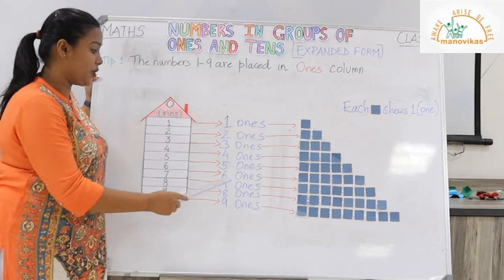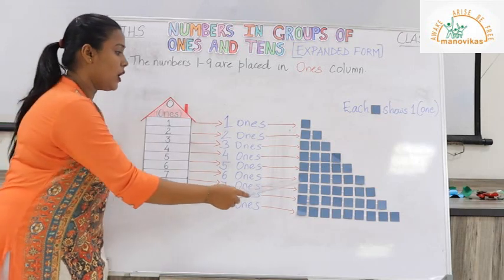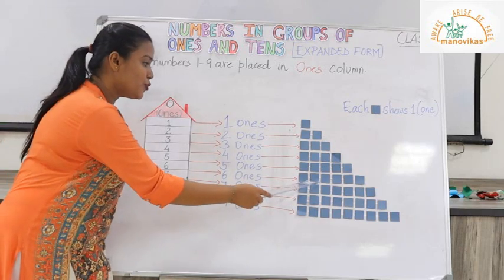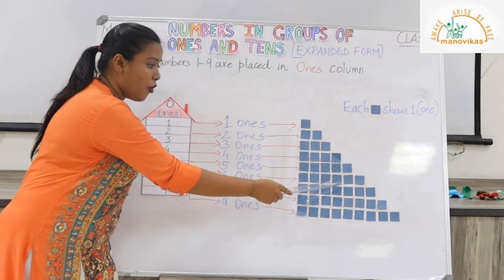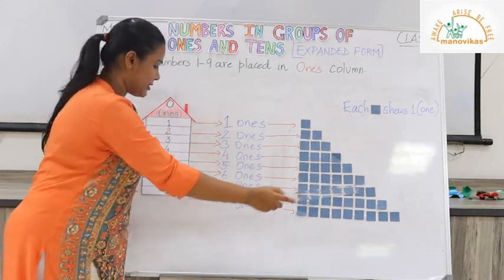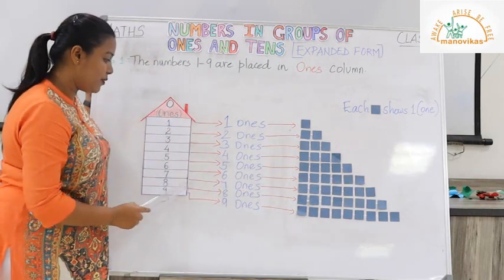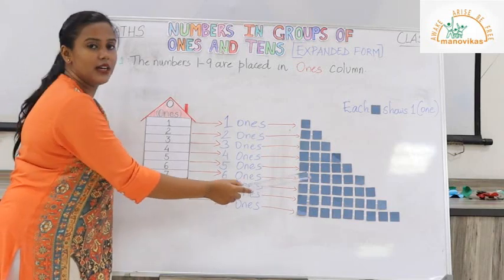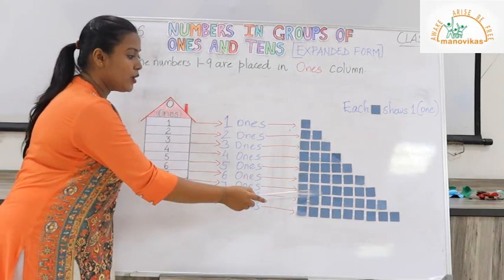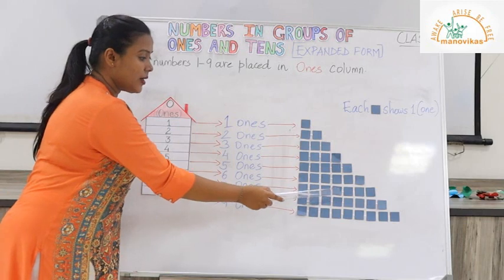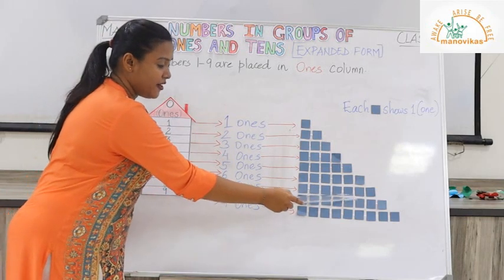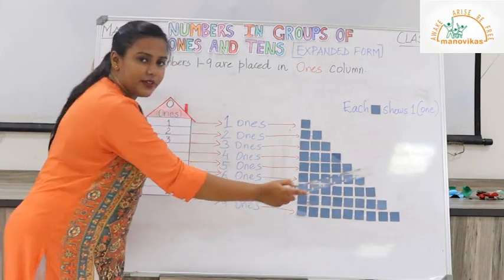Number 6, which will give us 6 ones. 1, 2, 3, 4, 5, 6. Then we have number 7, which will give us 7 ones. Let us count. 1, 2, 3, 4, 5, 6, 7.